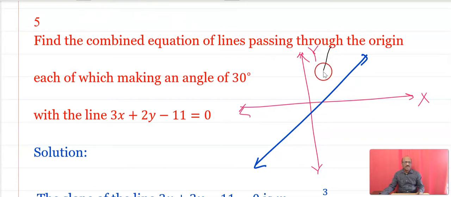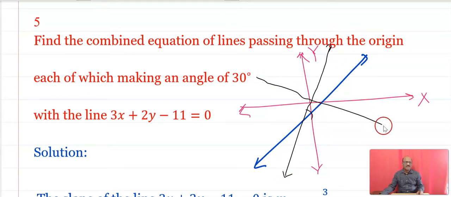Suppose here is a line, it passes through the origin and makes an angle of 30 degrees. And there is another line which passes through this origin and makes an angle of 30 degrees with this line. Then we want to find out the joint equation of these two other lines, which are small l1 and small l2.